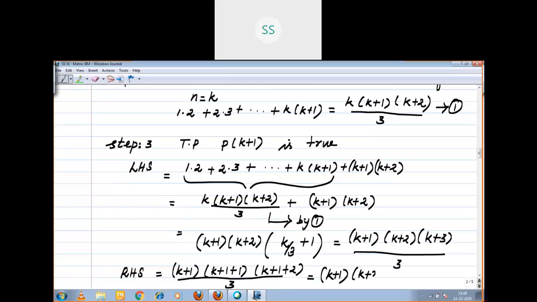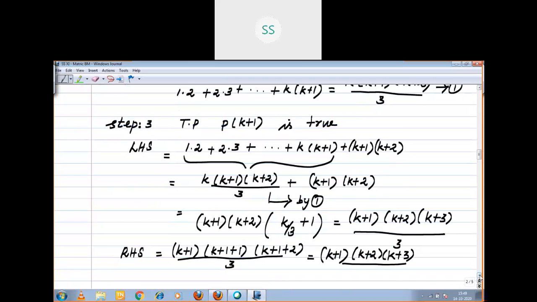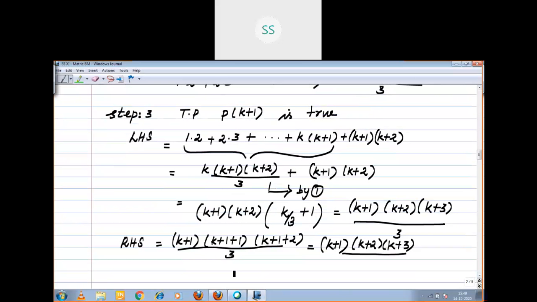The whole thing divided by 3, which is equal to k plus 1, k plus 2 into k plus 3, the whole thing divided by 3. What we have arrived in the LHS, the same thing we got it in the RHS. Therefore, LHS equal to RHS. That means P of k plus 1 is true.